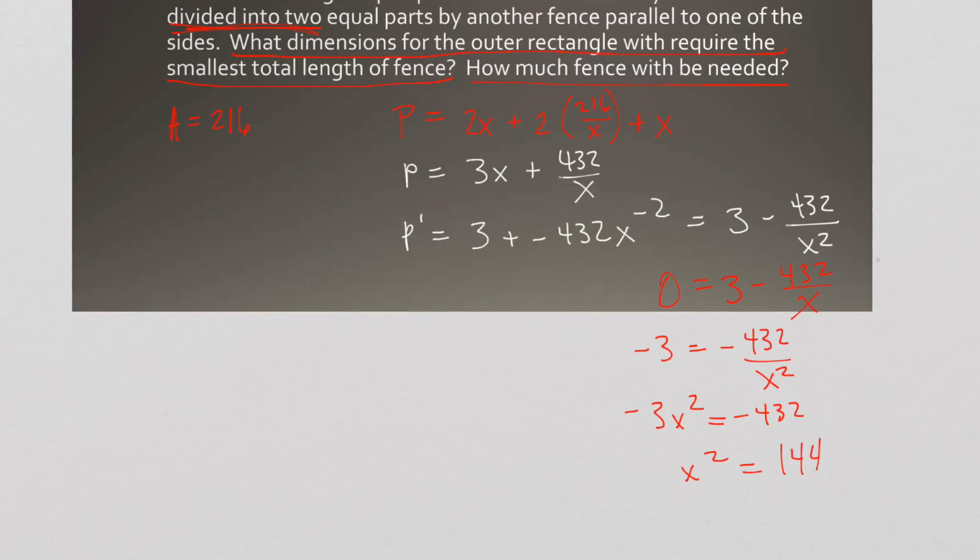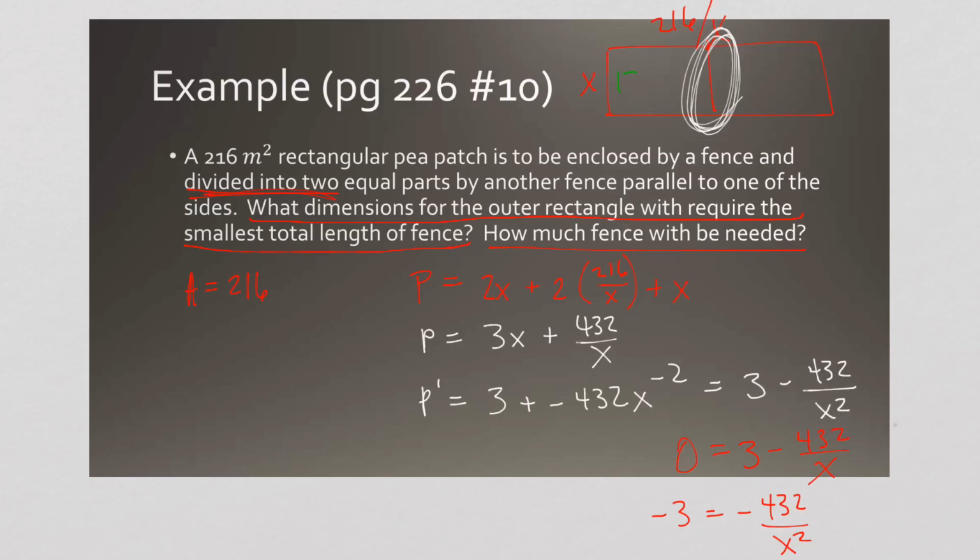And square root, so x equals 12. So, each of the parts of the fence, this is 12, this is 12, this is 12. Then this side is 216 divided by x, which is 18.